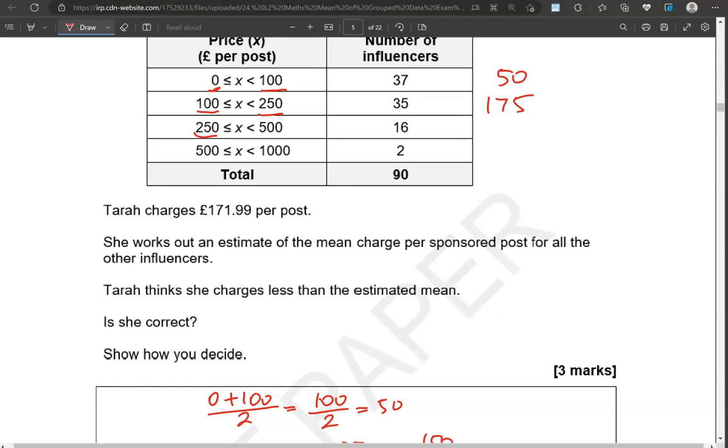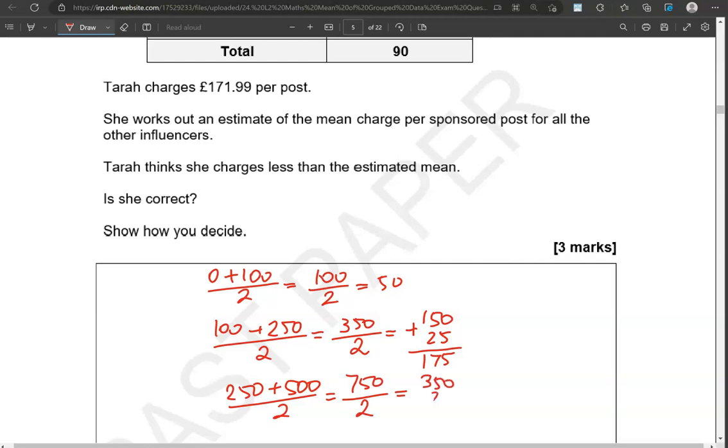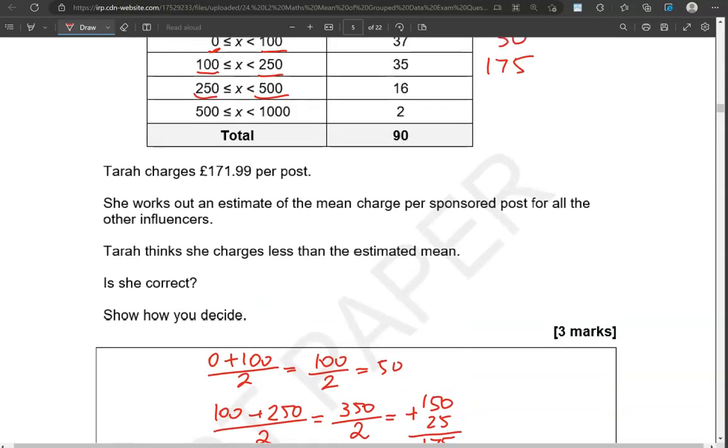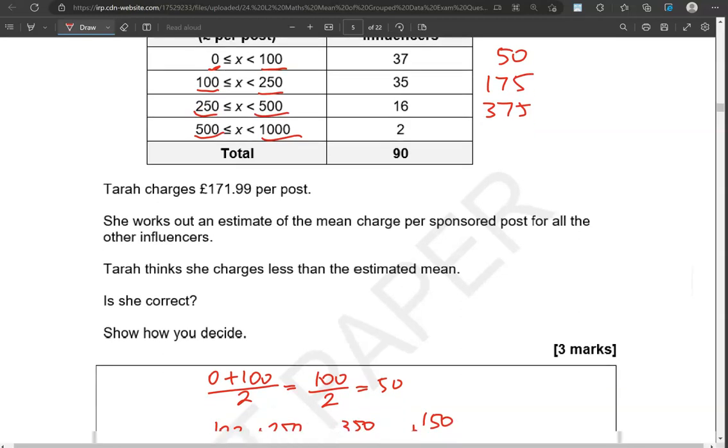Now 250 add 500 divided by 2. So that is 750 divided by 2. Half of 700 is 350. Half of 50 is 25. So 375. Midpoint between 500 and 1000.